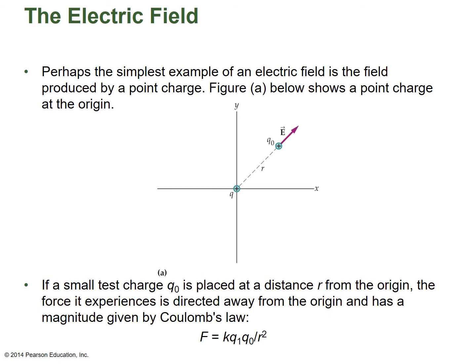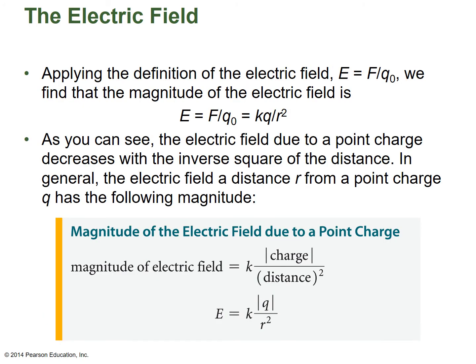Here we have a positive charge at the origin, and we have a positive test charge q naught. In this case, the electric force on the charge is k Q q naught over R squared, and then if you divide this force by q naught, you will get the electric field, which is kQ over R squared.